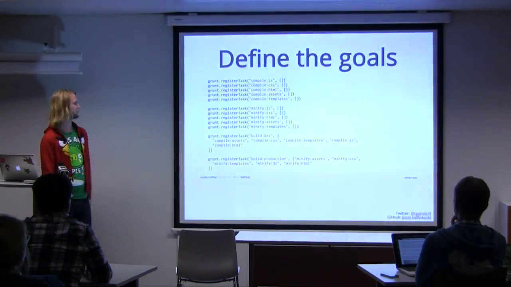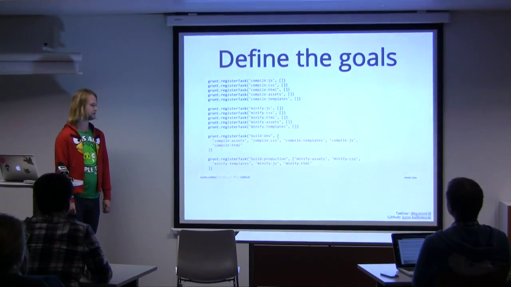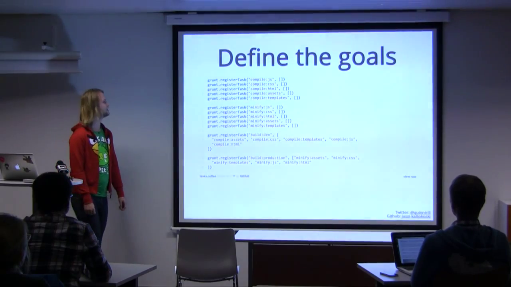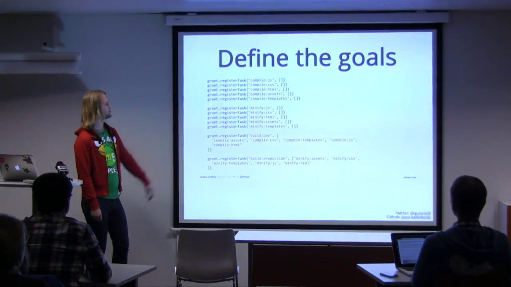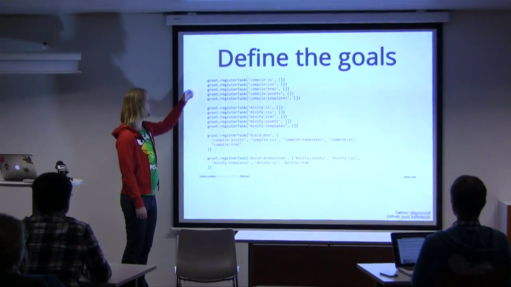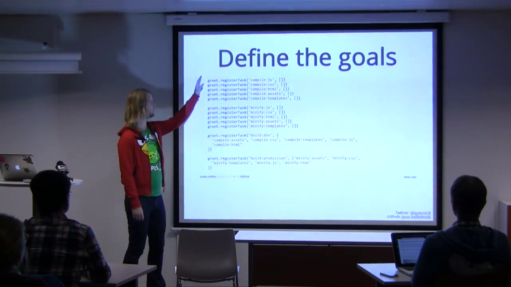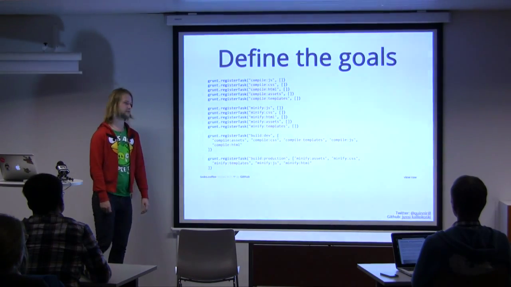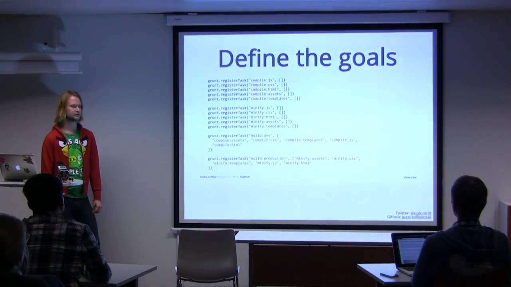So what I like to start with when I begin a new project is usually, copy-paste. No, I define the goals. So we have our compilation phase. We create the assets for JS, CSS, HTML assets and templates. Then the same for minifying.